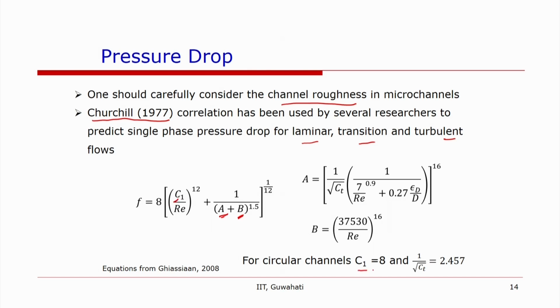C1 is 8 for circular channels, and A is again a function of Reynolds number, the channel roughness, and CT, and 1 over root CT is 2.457. So, this takes into account the roughness of the channel, and the constant B is 37530 over Re whole raised to the power 16.